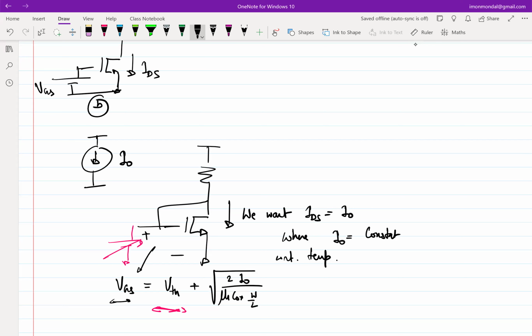Exactly, right. Put another MOSFET, and how do I connect that MOSFET? Yeah, right. So we already know how to generate this magical VGS. This voltage is this VGS, isn't it?